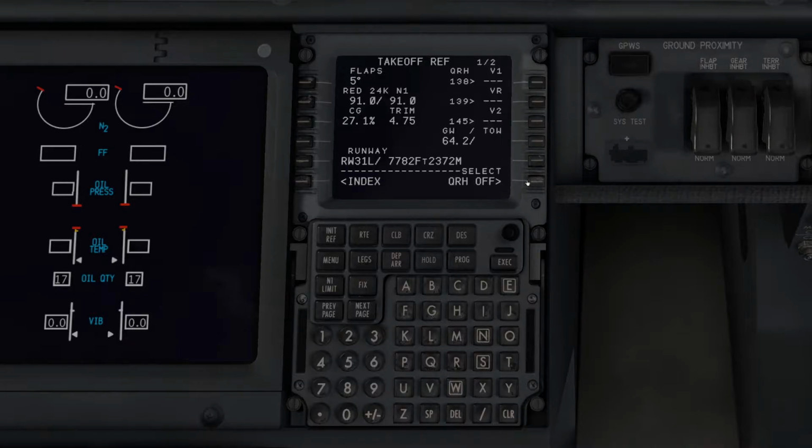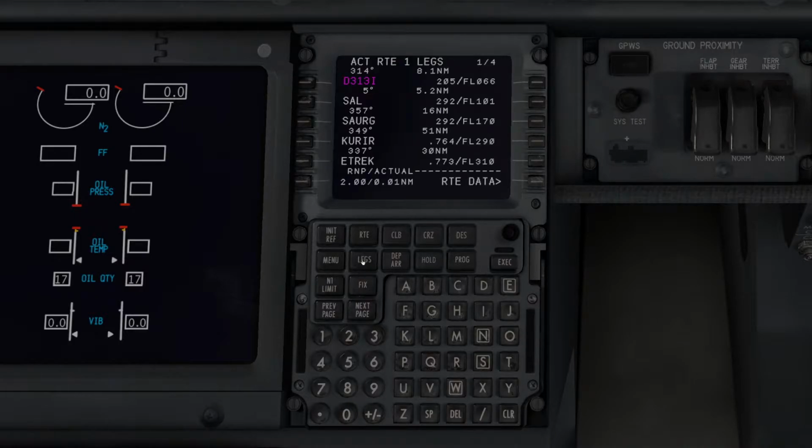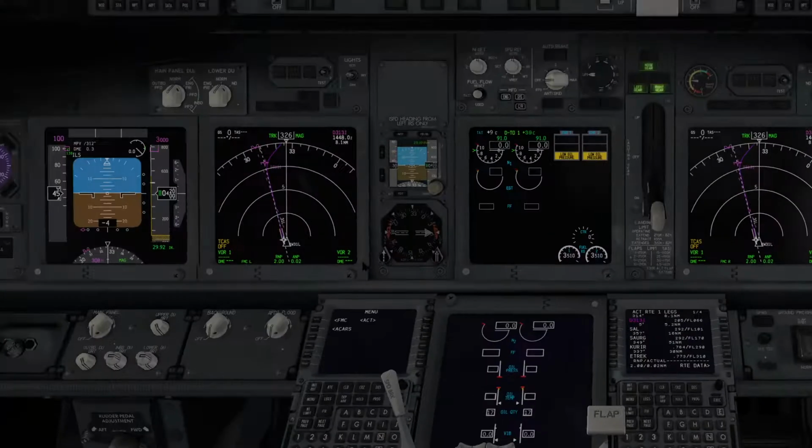And on the takeoff page, we have now the V-speeds calculated: V1 138, VR 139, V2 145. Go to the legs page, and the FMC is now ready.